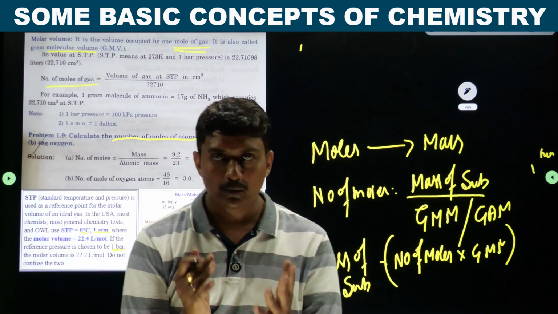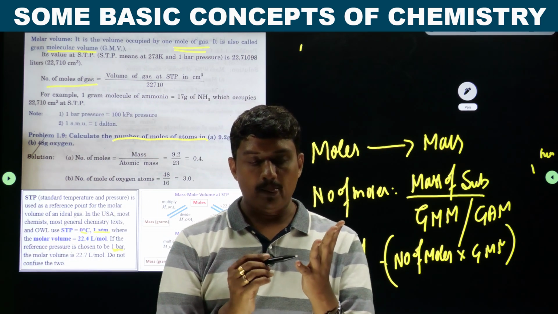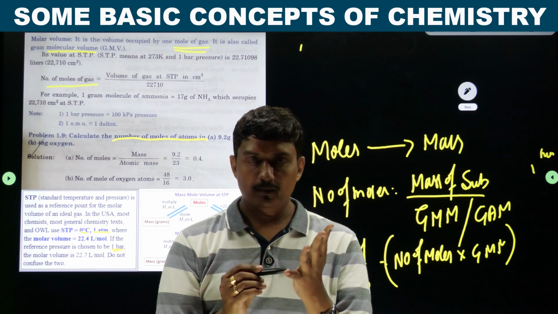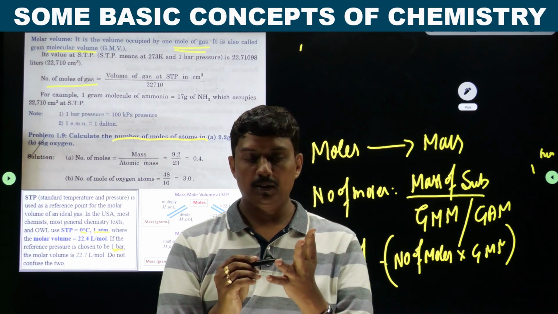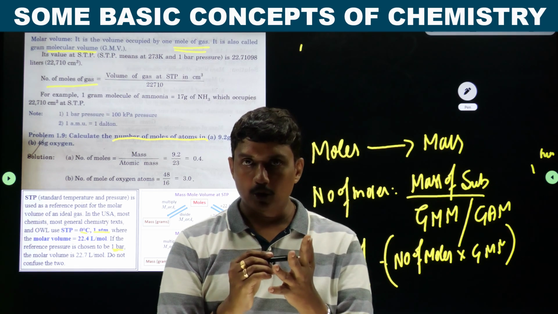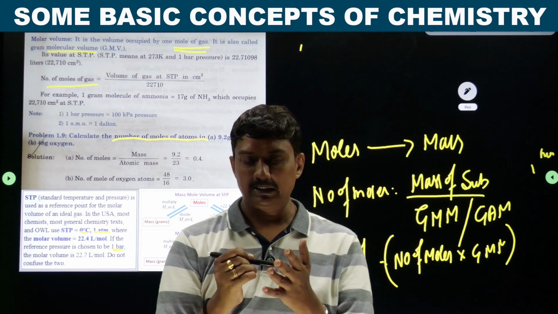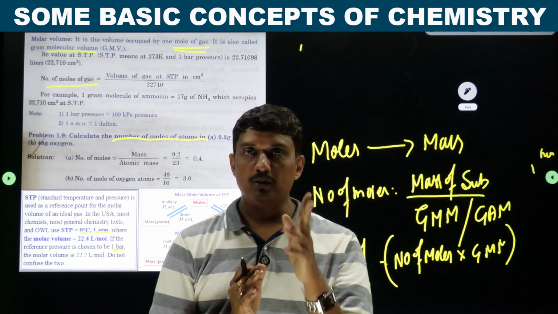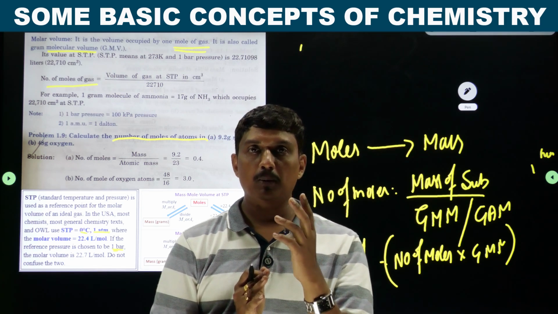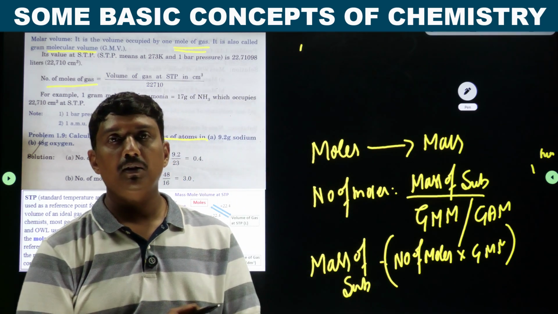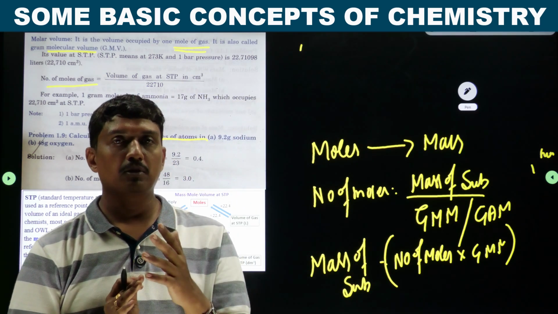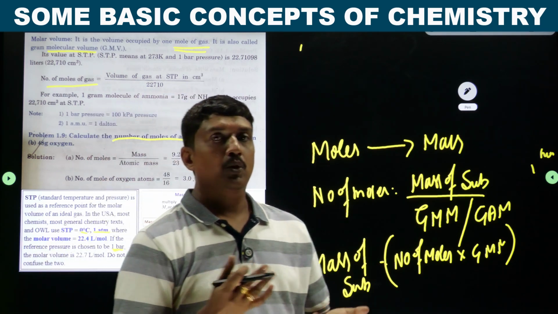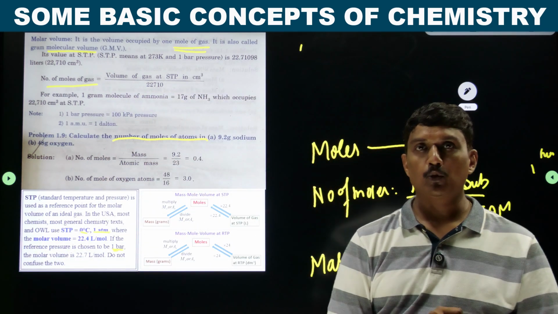So what we studied today: the first topic is atomic mass, mole concept, molecular mass, and some numericals on the same. Molar volume we discussed. What is molar volume? It is the volume occupied by a gas at STP. STP means standard temperature and pressure, 0 degree Celsius, 1 atmospheric pressure, it is 22.4.